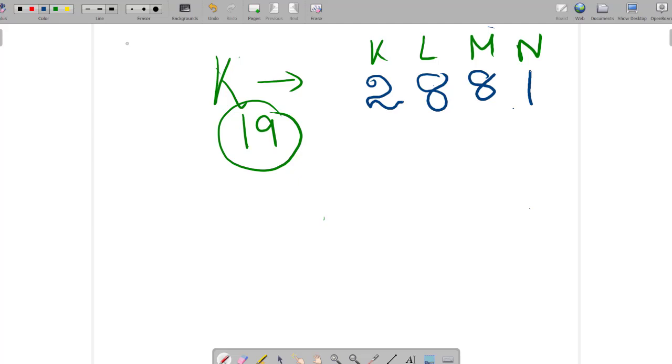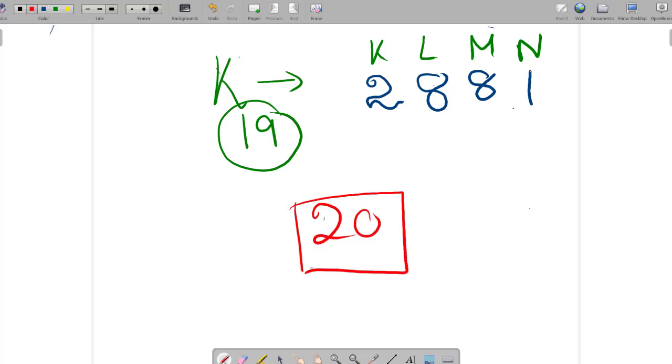Up to the first 20 elements, inside the M shell, we only put electrons up to 8. So in K2, L8, M, only up to 8. Therefore, in potassium, we have to put that one electron into the N shell.